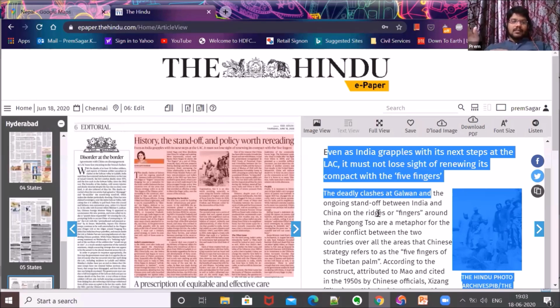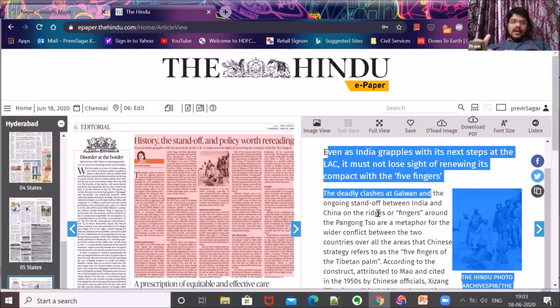For example, we have Arunachal Pradesh, Jammu and Kashmir, Sikkim, or other states like UP, Bihar, etc. So in the first strategy, improve the border infrastructure so that it will be easy to move your troops. Second thing, they used to have a service called Indian Frontier Administrative Service. This service is a group of IPS, IAS, and IFS, so that the governance will be improved. So this is the first strategy.